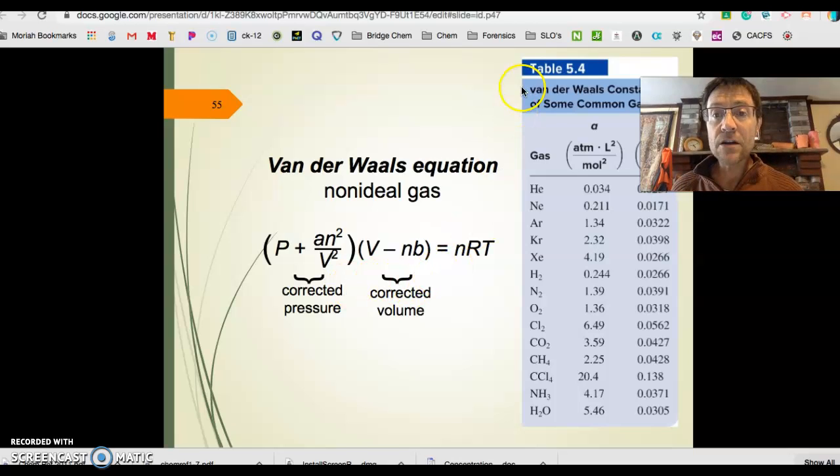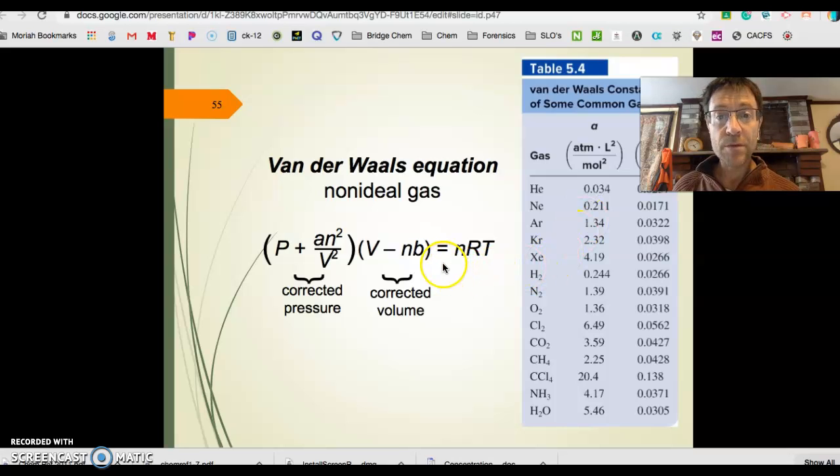And if you look over here at table 5.4, which you don't have to memorize because it's right there in your text, I'll give it to you for the exam. Don't freak out. See how there's A? For a gas like helium, the variable A, which goes right here, would be 0.034.